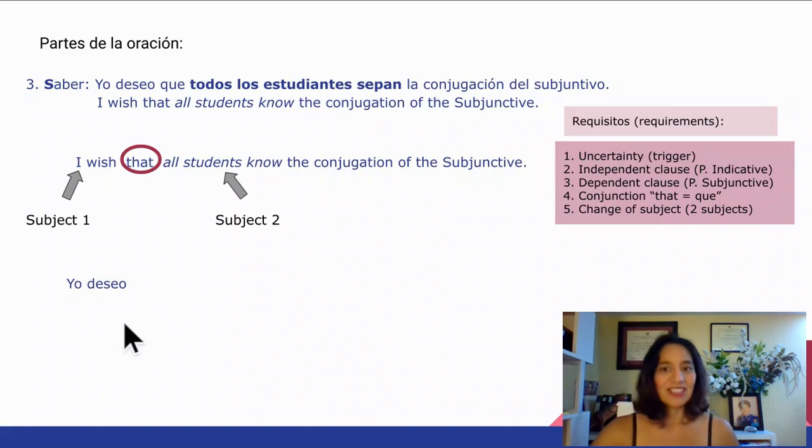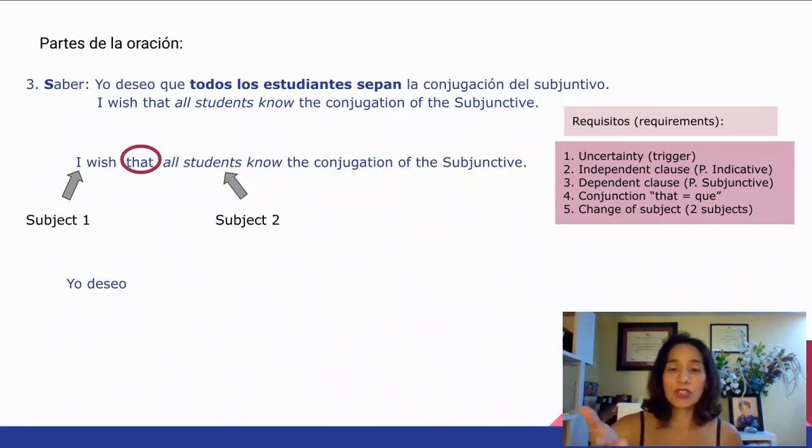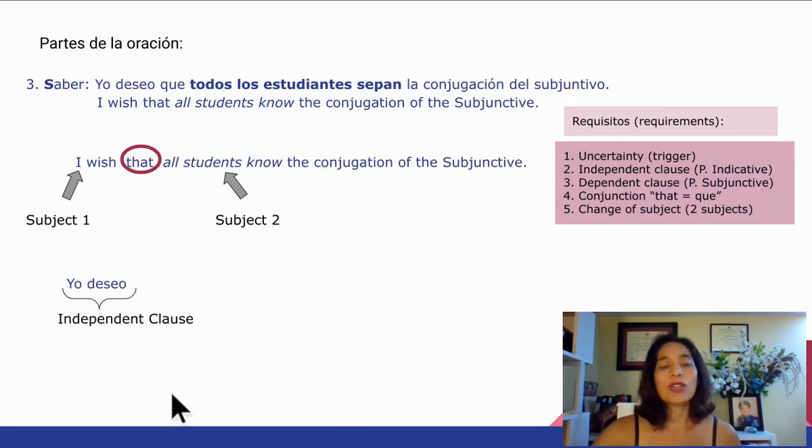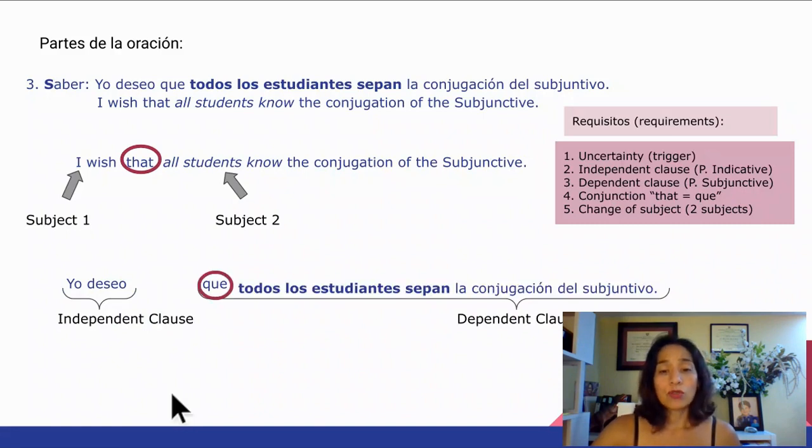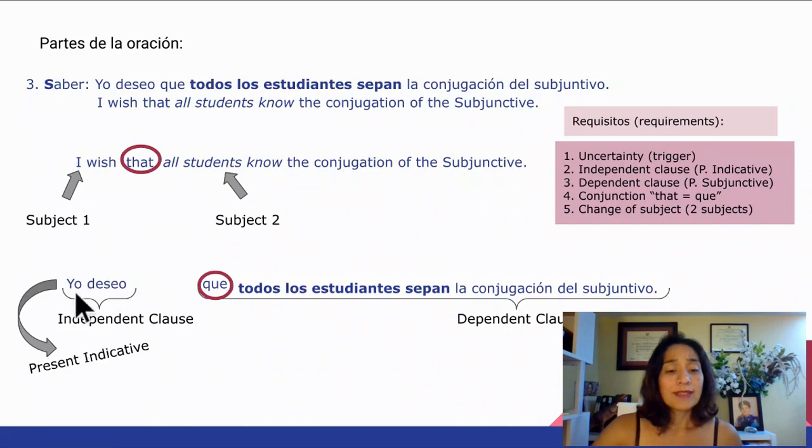So now, again, because we wish something, it doesn't mean that it's going to happen. So it triggers the subjunctive because it's an uncertain situation. Yo deseo is the independent clause. We have the conjunction que, and then we have our dependent clause: que todos los estudiantes sepan la conjugación del subjuntivo. So right here, yo deseo is in the present indicative because this is the independent clause.